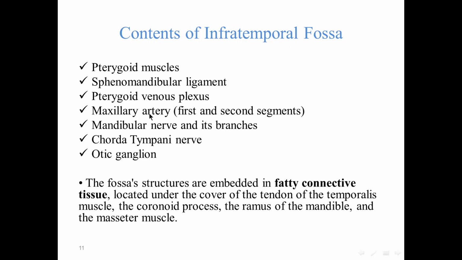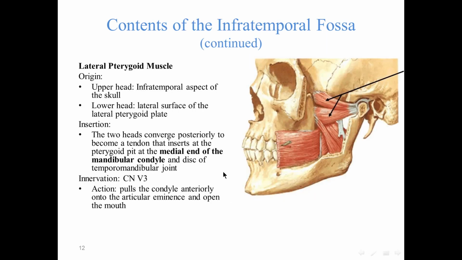This artery has three parts, and just the first and second part are located in the infratemporal fossa. Mandibular nerve and its branches, chorda tympani nerve, and also in this fossa there is a ganglion, the otic ganglion.